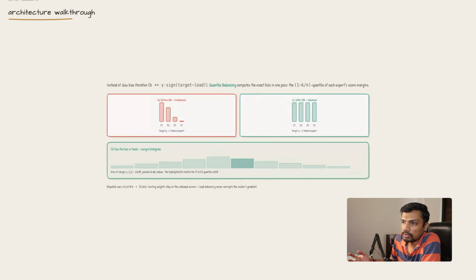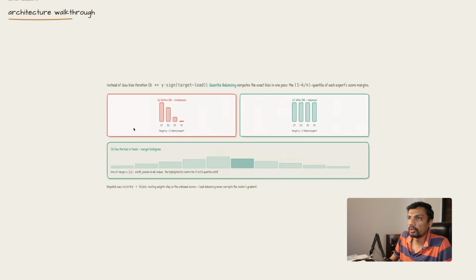Standard auxiliary losses try to nudge router scores, but they degrade model performance and adapt too slowly. Kimi K3 uses quantile balancing, or QB for short, to achieve perfect load balancing in a single forward pass without corrupting the gradient. So look at the panel on screen. Panel A is the unbalanced dispatch.